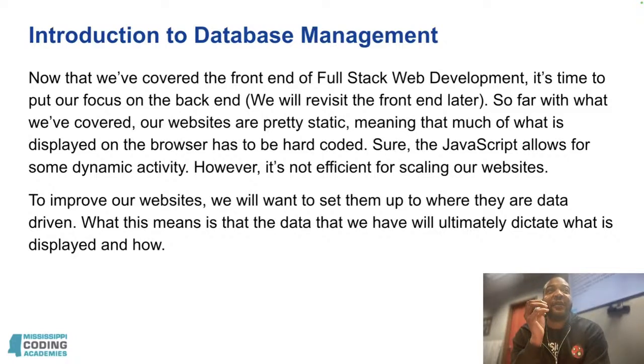Everything that we've done on the front end, if it's some text, images, whatever, all that is hard coded. We have to write the code for it somewhere in a file, right? And JavaScript allows for some dynamic activity, meaning what gets displayed, when it gets displayed, or whatever.